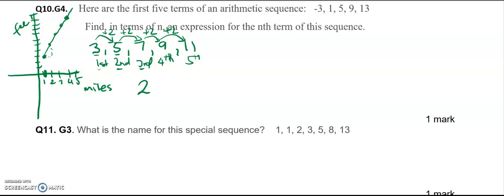So it really depends on how many miles I'm traveling. So if I denote the miles by m, for example, I'd have 2m. So the fee would be worked out by multiplying the £2 by the number of miles that I'd be traveling.